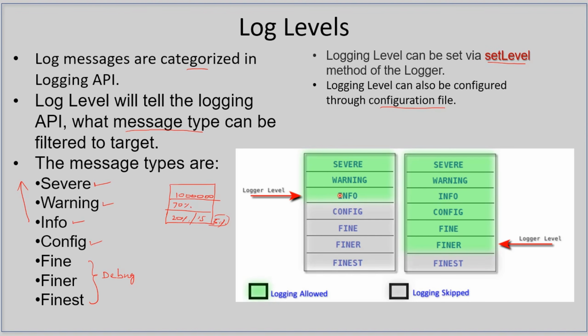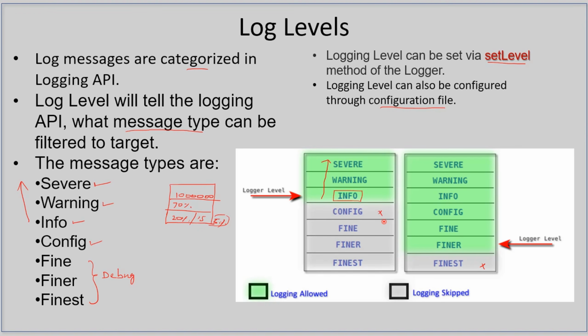Let's say the logging level is set as info. So if the logging level is set as info, the Java logging system will log the message types severe, warning, and info. And when the logging level is set as finer, it won't log finest.